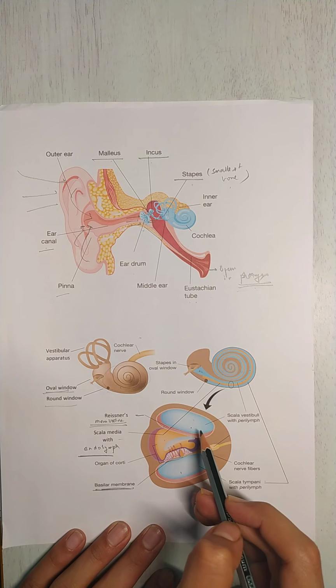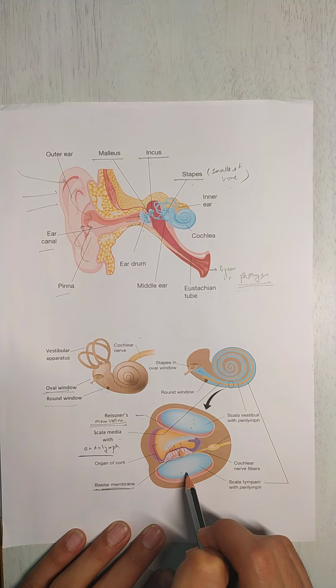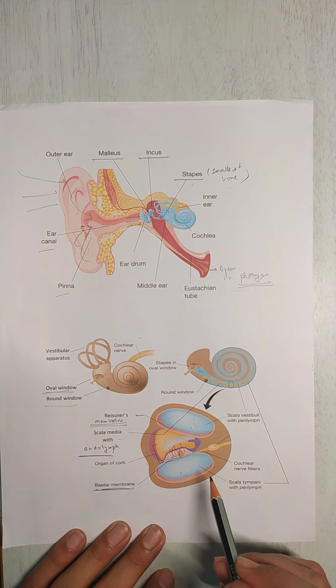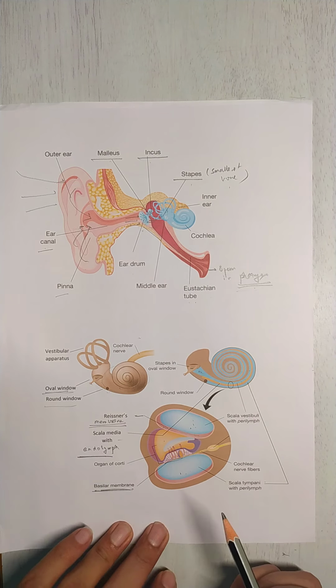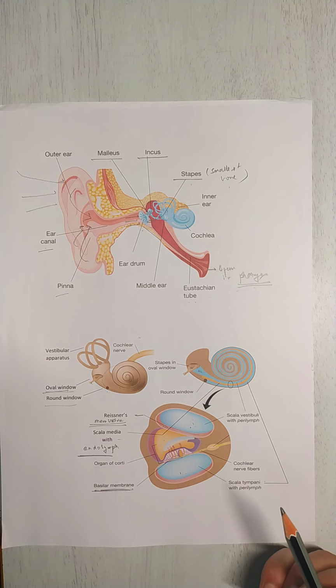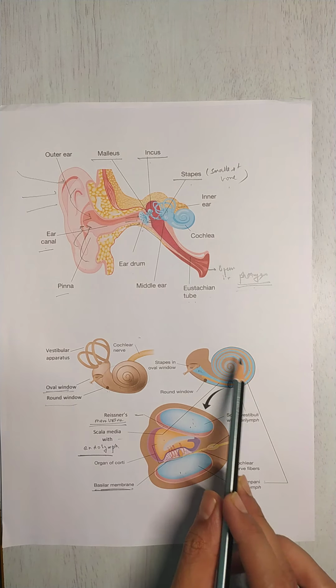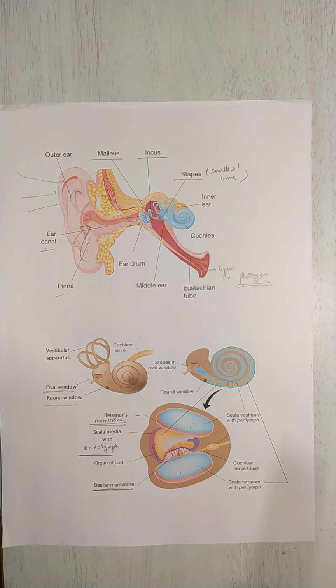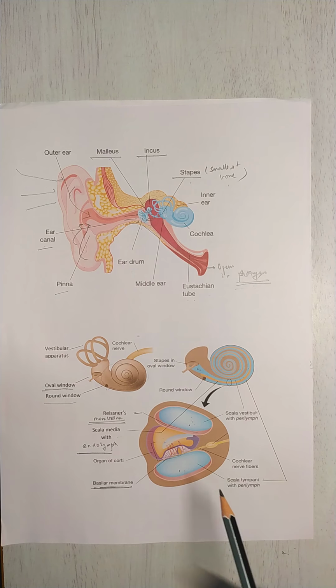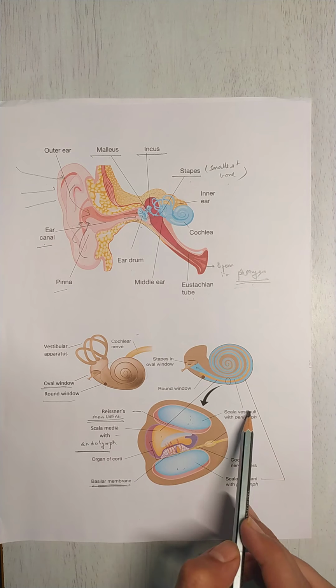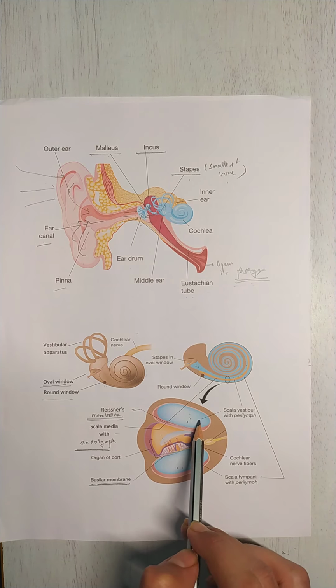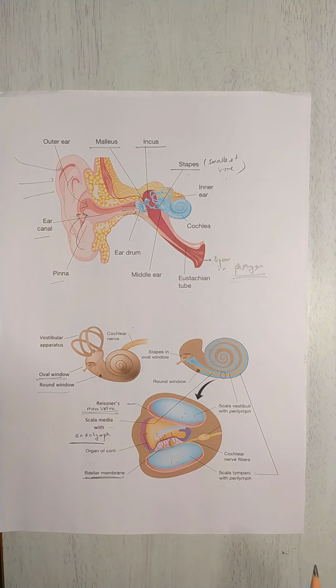So summarizing once again, the Reissner's membrane and the Basilar membrane divide the entire space in the internal ear into three compartments: the scala vestibuli, the scala media and the scala tympani, of which the scala vestibuli is filled with perilymph, the scala media is filled with endolymph, and the scala tympani is filled with perilymph once again.